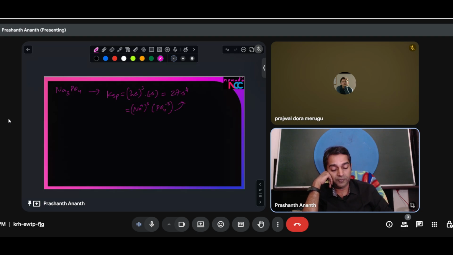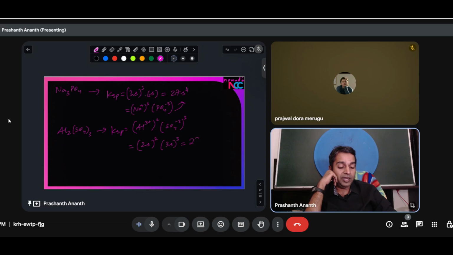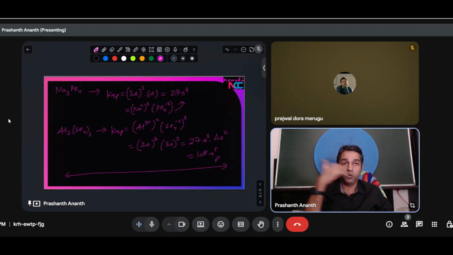If I have say Al2(SO4)3, in this particular case we end up having KSP working out as aluminium 3 plus squared into sulfate ion cubed, meaning we'll have 2S whole power 2 into 3S whole power 3. So it works out as 4S power 2 into 27S power 3. So it works out as 108S power 5. So these are general expressions to understand the KSP aspect of things over here.